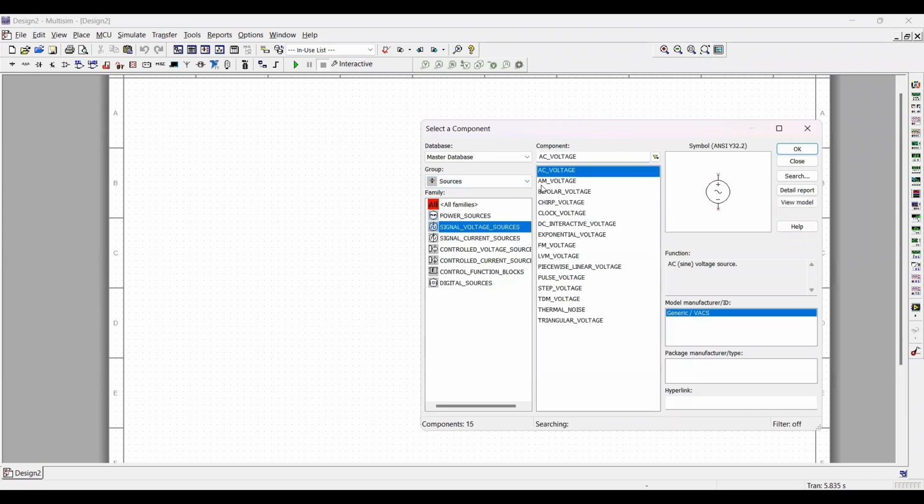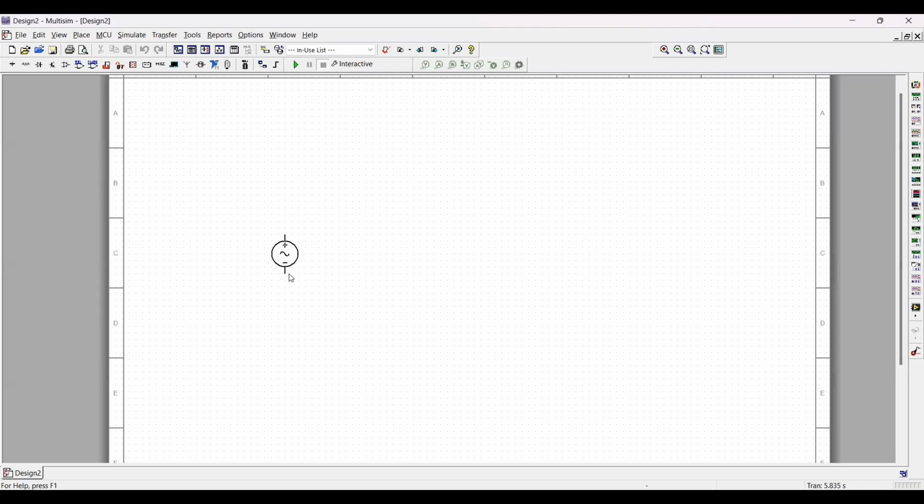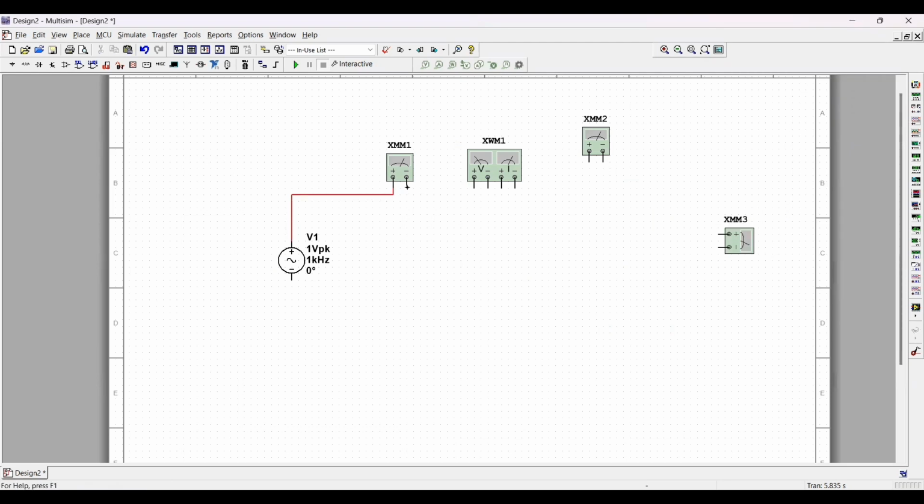Firstly, like usual, we choose AC voltage, and then we choose multimeter, first multimeter for ammeter, and then voltmeter. This circuit just uses three multimeters, one for ammeter and two for voltmeter, and then we connect all of the components. Also make sure they are connected correctly.